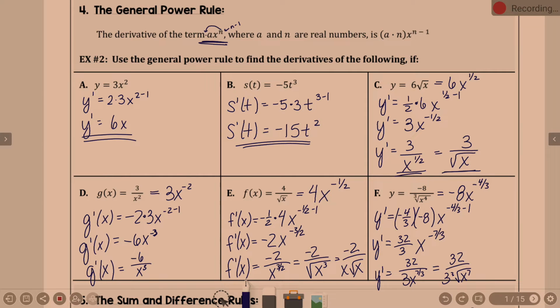Technically, there are a couple perfect cubes in there. You could say 32 over 3, so x squared, right? Because x to the 7th isn't a perfect cube, but x to the 6th is, and there are 2 of them. But x to the 6 divided by 3 is going to make that x squared times the cube root of x. And this is why we just stayed right here.